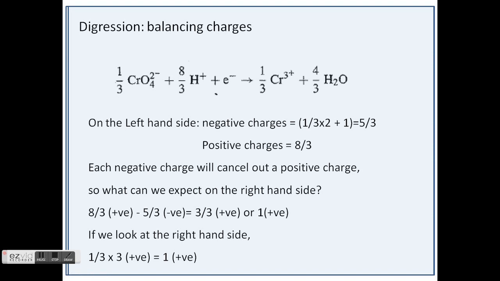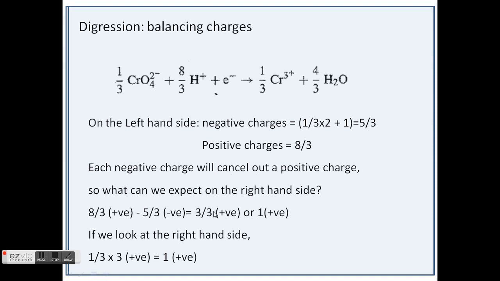So that would give us 5 over 3, and then we have hydrogen is 8 over 3. So in this case we have more hydrogen, more positive charge, than negative charge. So we subtract 5 over 3 from 8 over 3, we're having 3 over 3, and that's the same as 1.